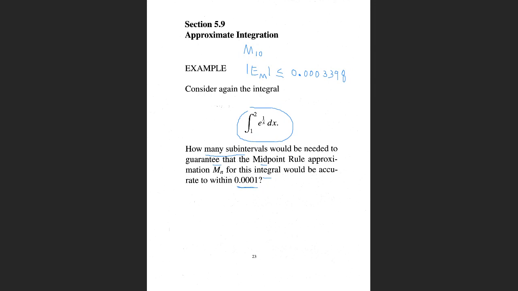Well, let's remember too that when we used 10 subintervals, in other words, when n was equal to 10, the bound on our error was equal to 0.0003398, right? How does 0.0003398 compare to 0.0001?